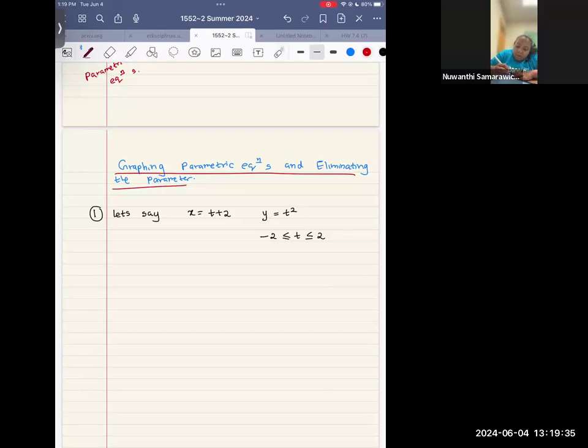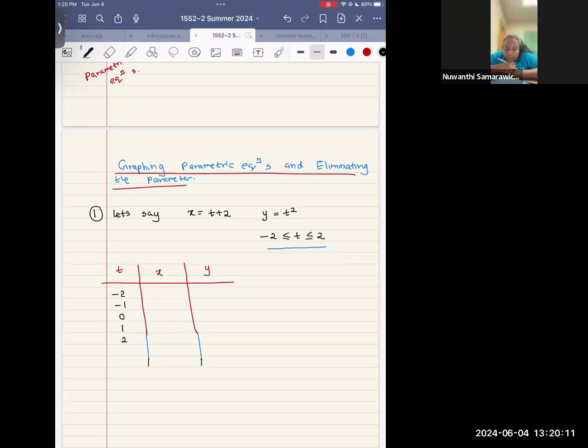So draw a table with 3 variables, t, x, and y. According to t only, we find the value of x and y, because t is changing. So t is between -2 and 2, so let's start from -2, -1, 0, 1 and 2.